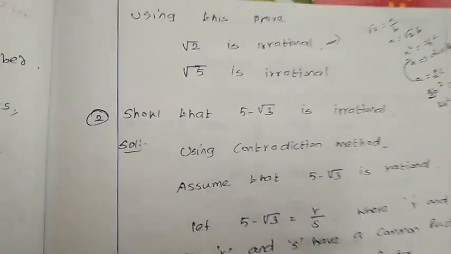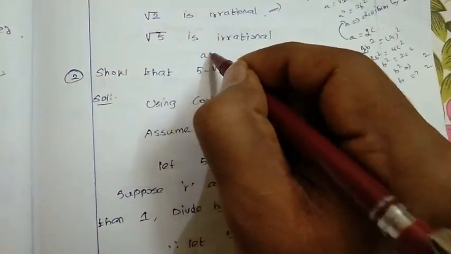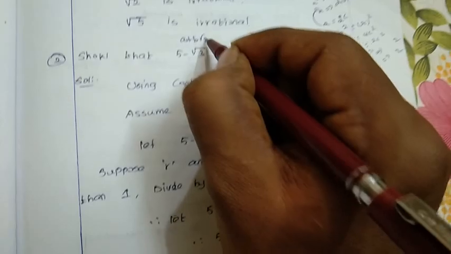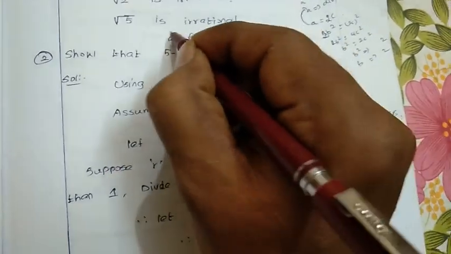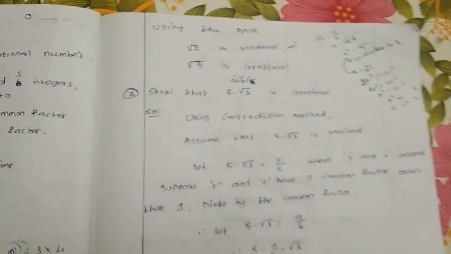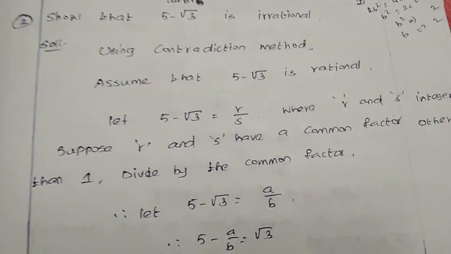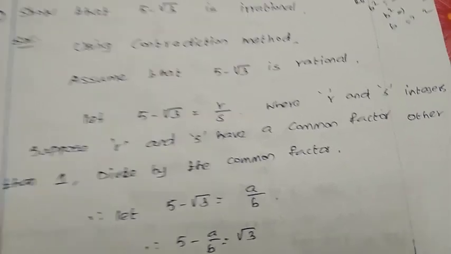Next problem. Suppose a plus b root 2, root 3, root 5, root 7, where a and b are some numbers, is given. Now we are going to prove this problem using the contradiction method. Assume that 5 minus root 3 is a rational number, that is, 5 minus root 3 equals r by s, where r and s are integers.